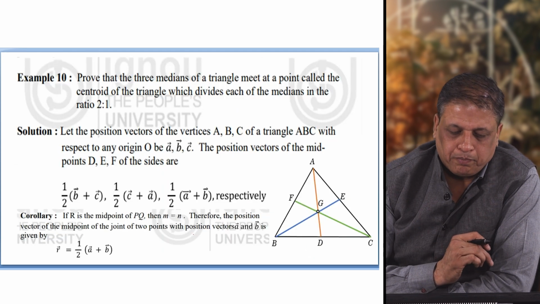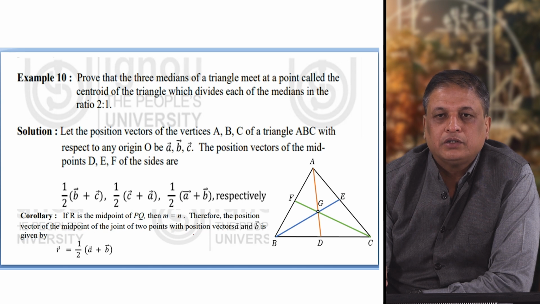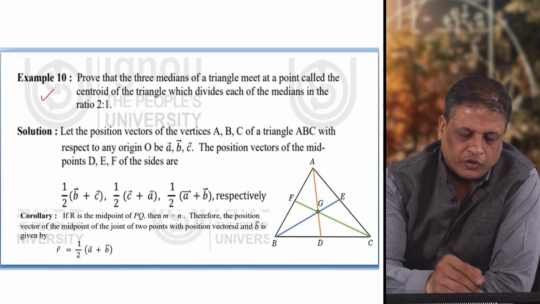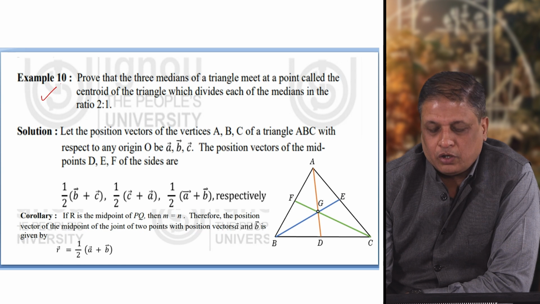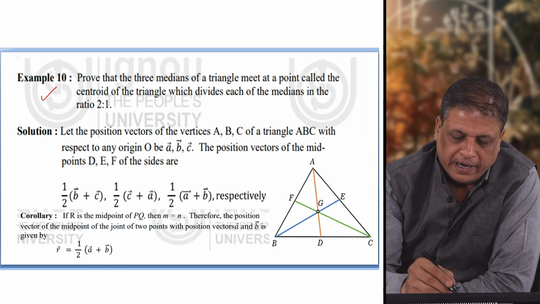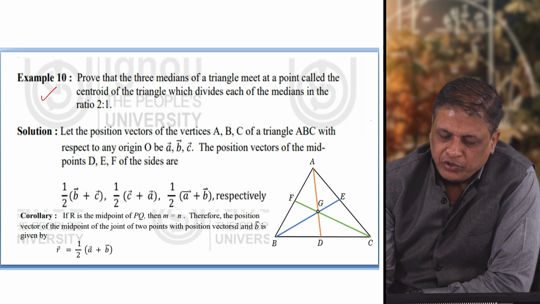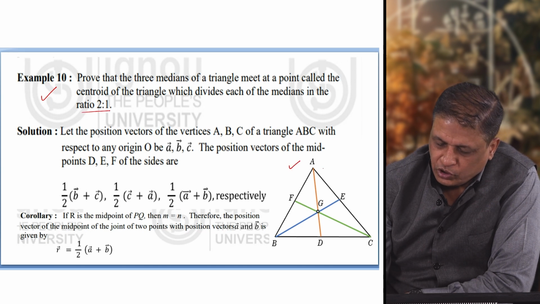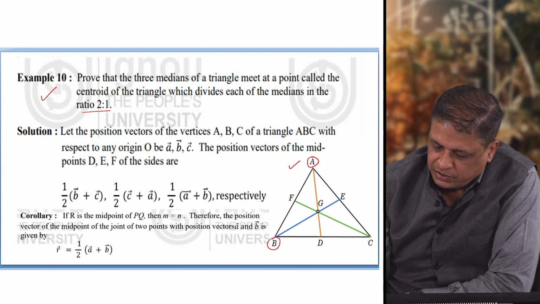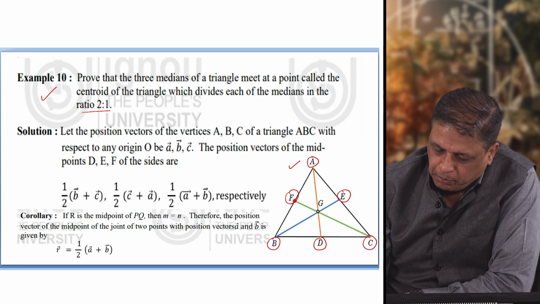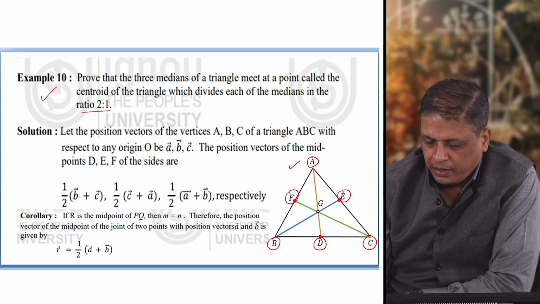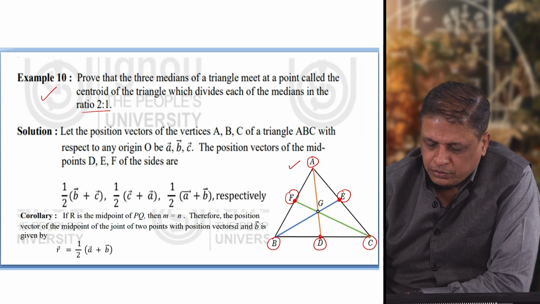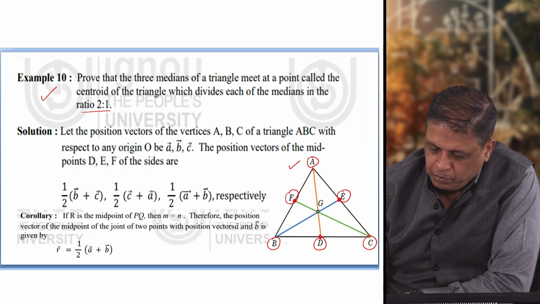There is an important proof which is very interesting: prove that the three medians of a triangle meet at a point called the centroid of the triangle, which divides each of the medians in the ratio 2:1. So just look at this figure. Say we are having a triangle ABC, and D, E, F are the midpoints of the sides, and we are having the lines AD, BE and FC.